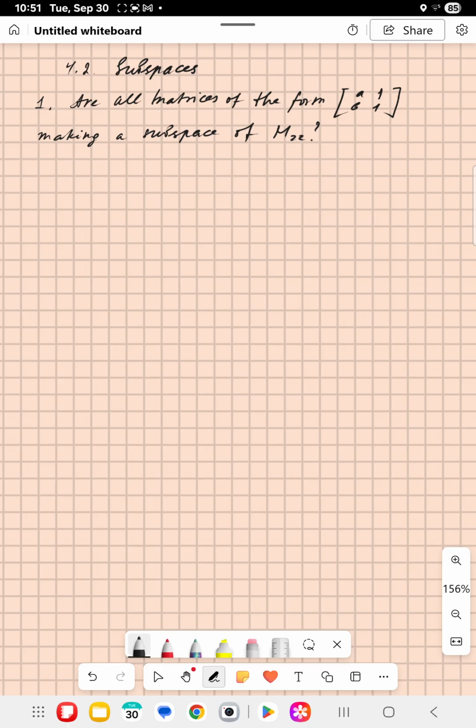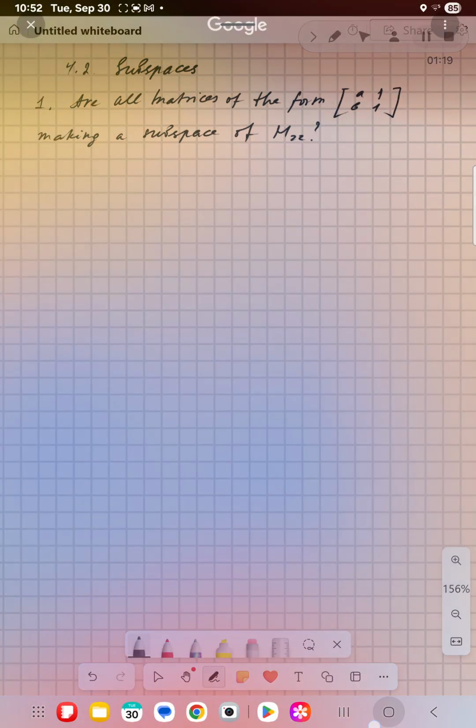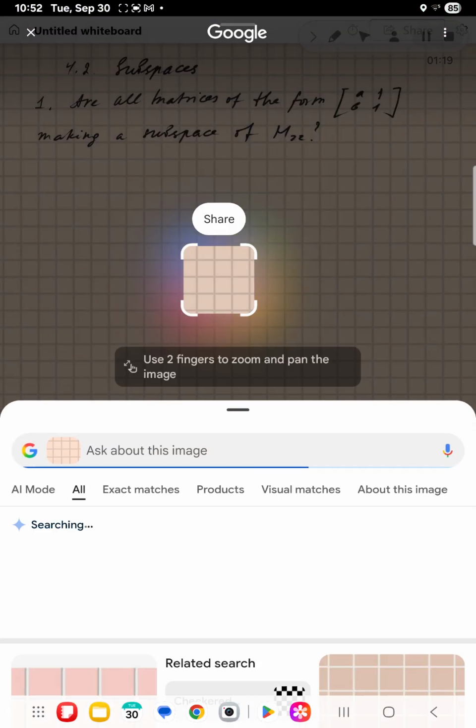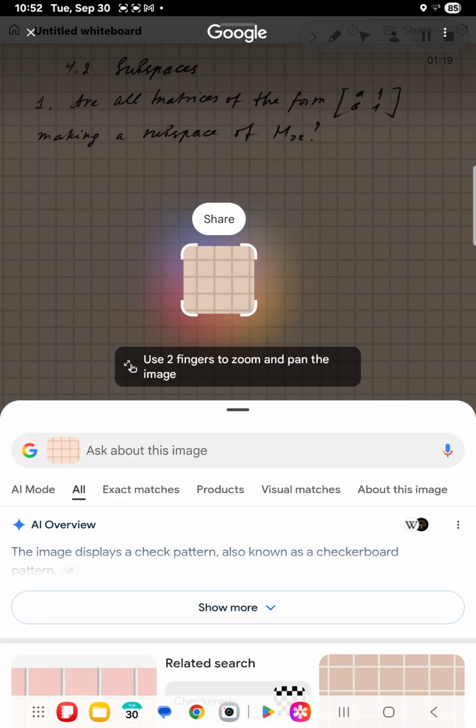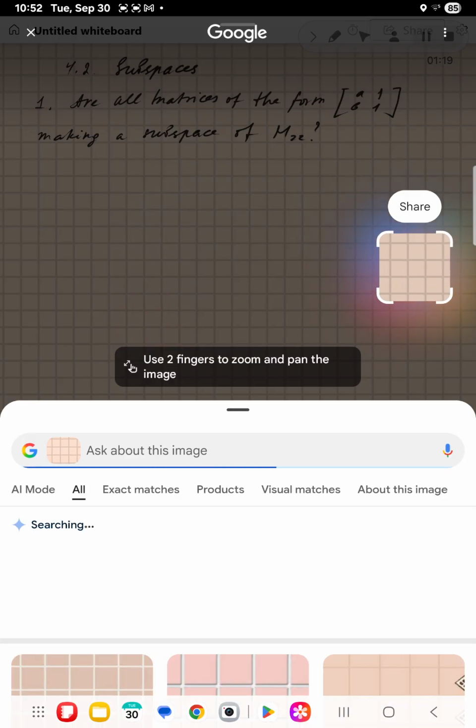In this section we are working with subspaces. Subspaces are actually subsets of spaces which satisfy the 10 axioms by themselves. And what is M22? It's a space of 2 by 2 matrices. In lecture we checked that it works.